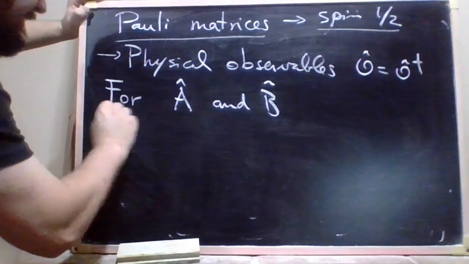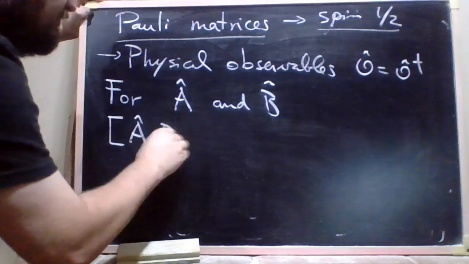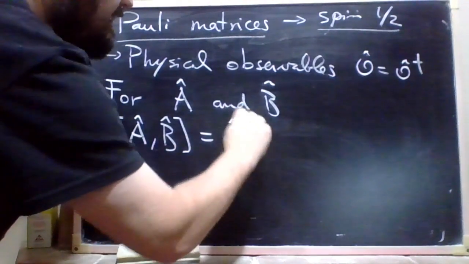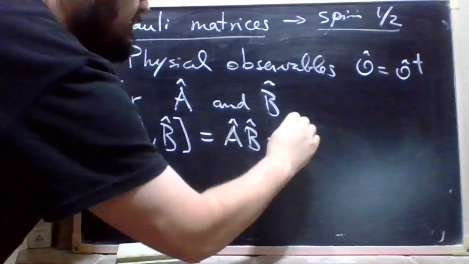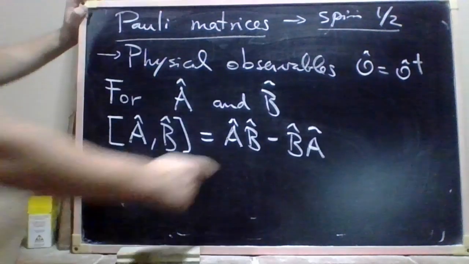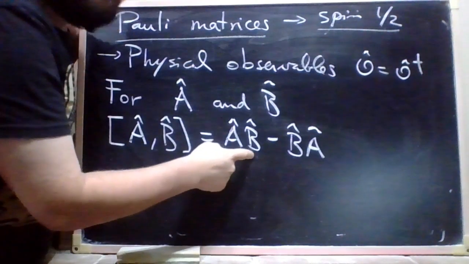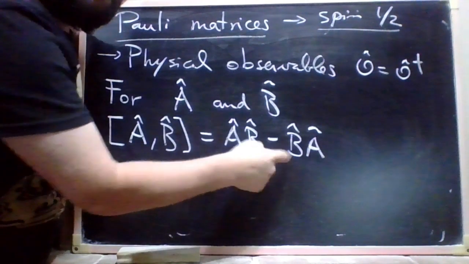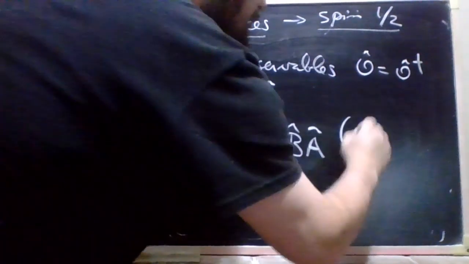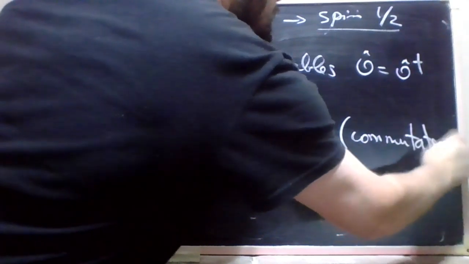You can calculate a thing called a commutator, right? You can calculate this object here. The matrix product in this order, A times B minus B times A, right? And this is called a commutator, right?